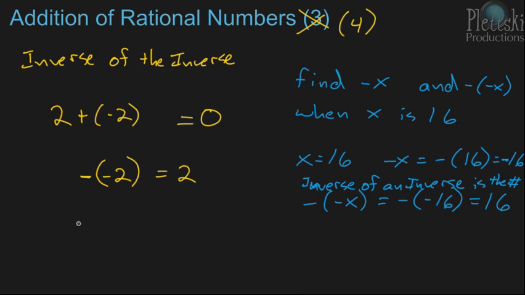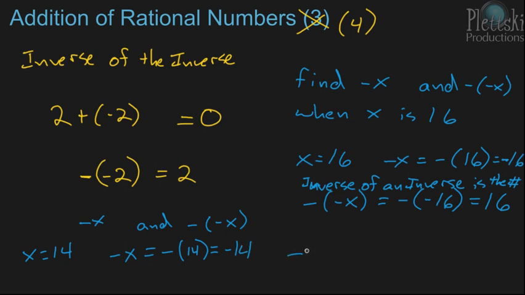So what would negative x and negative negative x be when x equals 14? If x equals 14, what is negative x? Well, if x is 14, a negative x would just be a negative 14, which is -14.